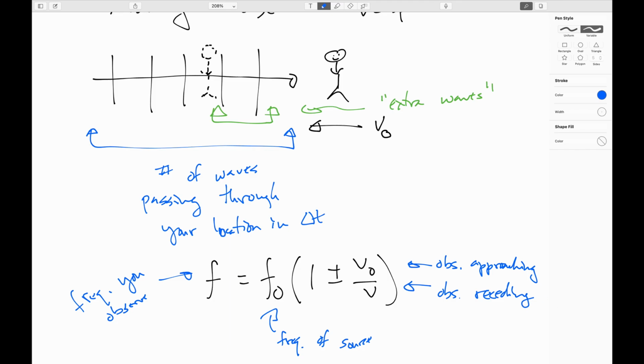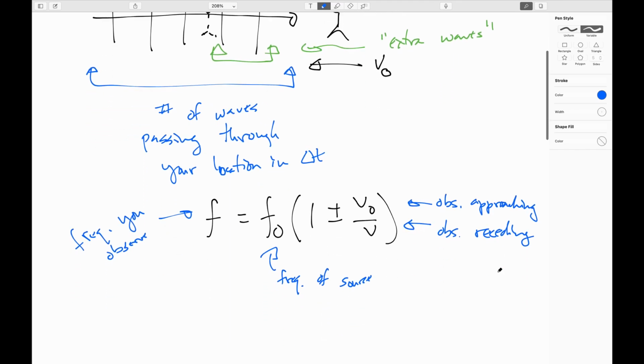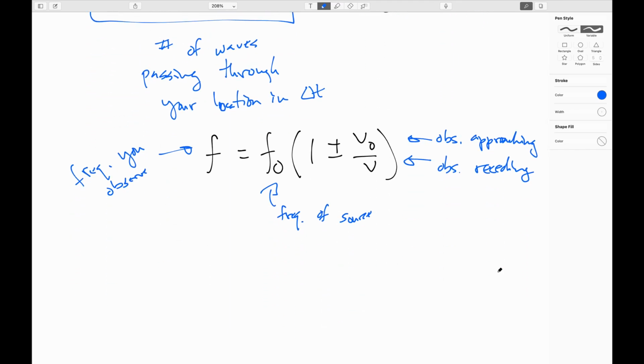Now, let's just make this concrete by thinking about what happens if you were moving toward a tuning fork that was playing concert A at 20 meters per second. So this would mean that our source frequency is 440 hertz. This is the agreed upon standard for what the note A should be, until the conductor decides it should be something different anyway.